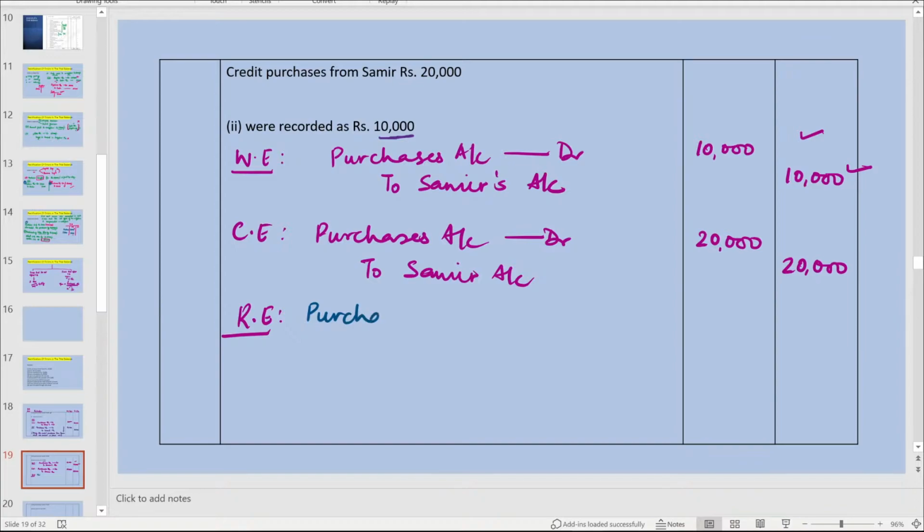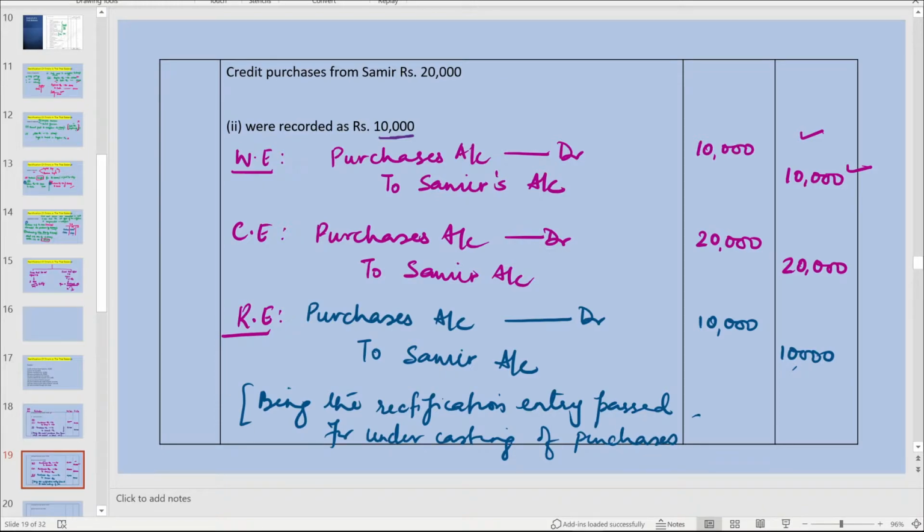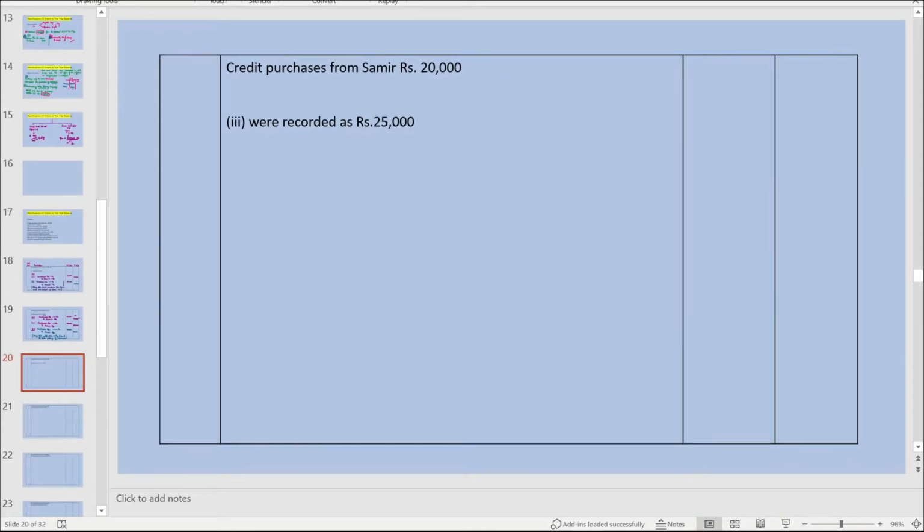So I will say purchases account debit to Samir account, amount is 10,000, and narration: being the rectification entry passed for undercast of purchases. This is the second one. Let's go to the third one.